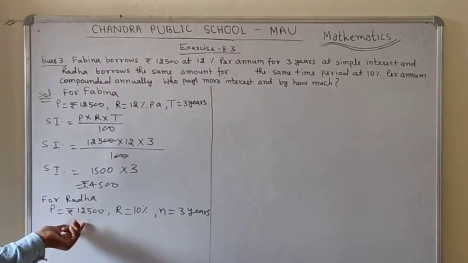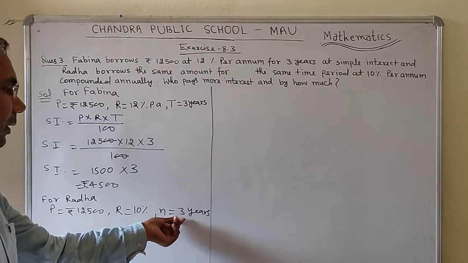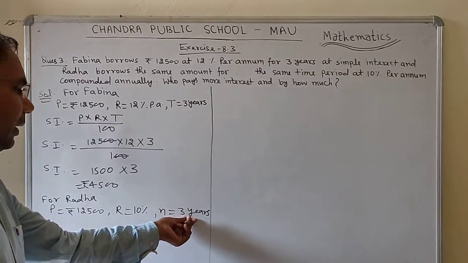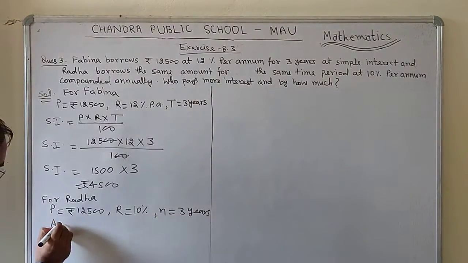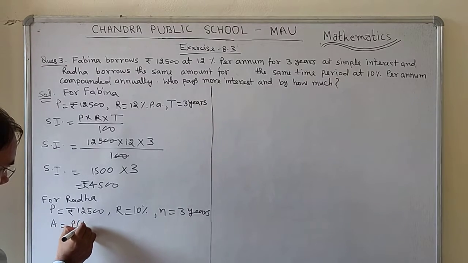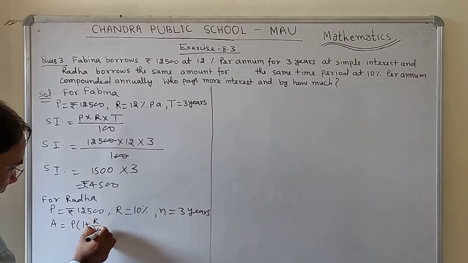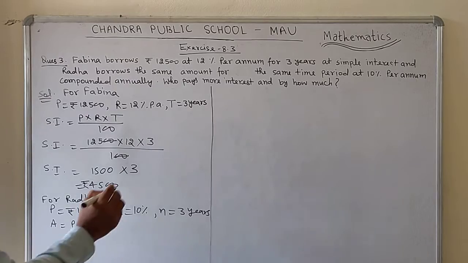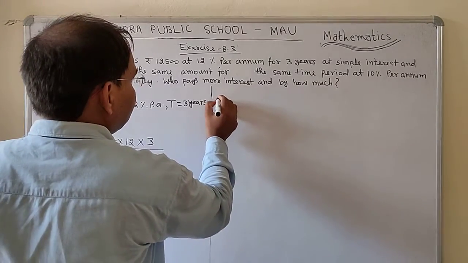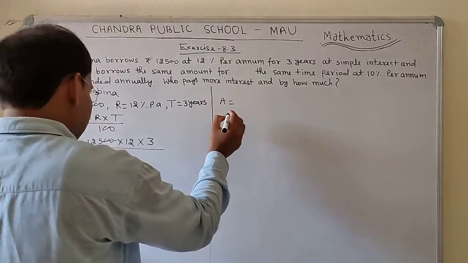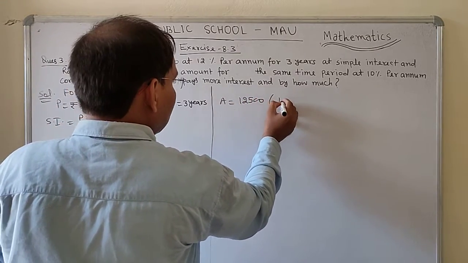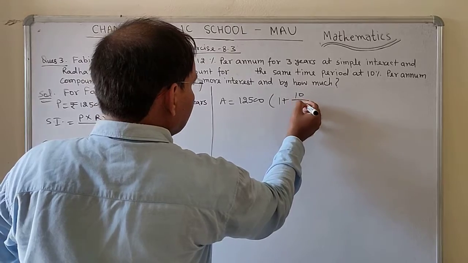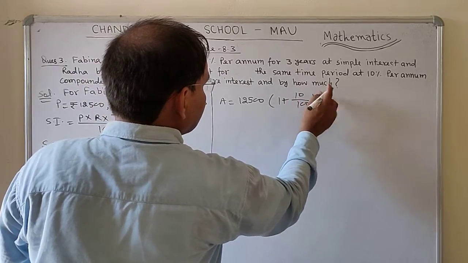Here in the formula of the amount for compound interest, N is used, so I have written N equal to 3 years. Now you will write the formula A equal to P into 1 plus R upon 100 to the power N. Now I am going to calculate it here. A equal to 12,500 into 1 plus 10 upon 100 to the power 3.